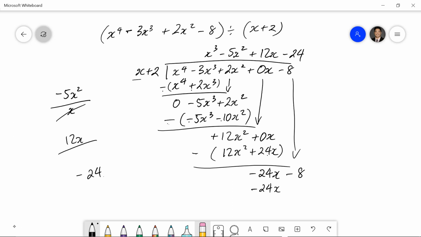Minus 24 times 2 is minus 48. So we're going to subtract the bottom from the top, and we're left with 0 and 8. Now the negative times the negative becomes positive, so our answer is going to be 40. So what we have here is our quotient and remainder 40.